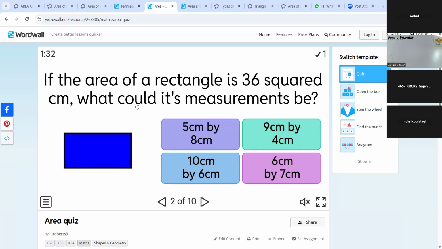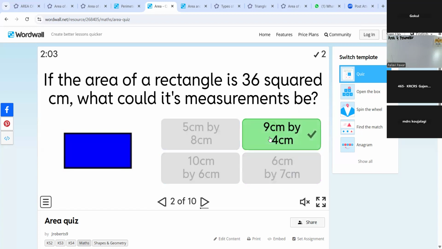Now can you tell me what its length and breadth can be? Option B, 9 fours are 36. So length and breadth can be 9 centimeter and 4 centimeter. Yes, very good, kids, very good.